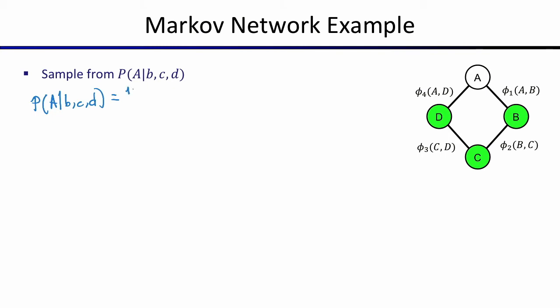It's going to be 1 over the partition function, the p tilde, the unnormalized distribution, of A, B, C, and D, divided by the probability of just the evidence, which is 1 over the partition function times the probability of B, C, and D. One good news here is that we can get rid of the partition function right away, so we can continue just with the unnormalized distributions.